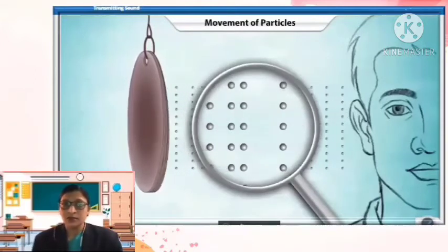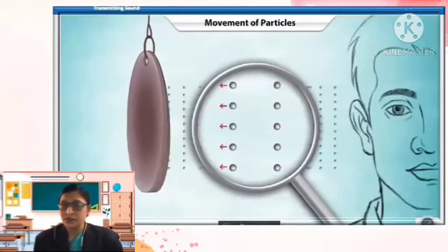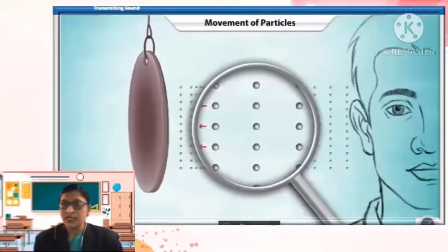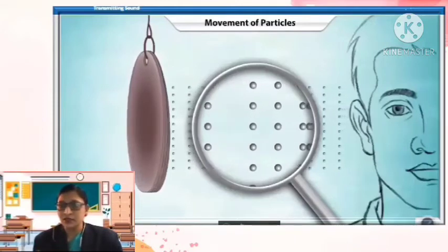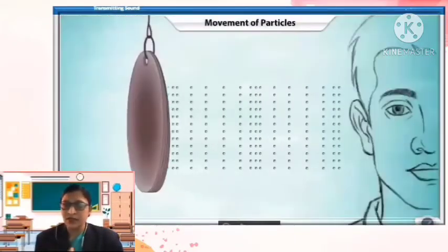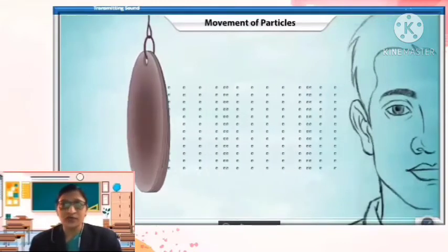Air particles close to the gong get disturbed due to the motion. They get displaced and they push the particles next to them, and they come back again. This continues till the sound reaches our ear.